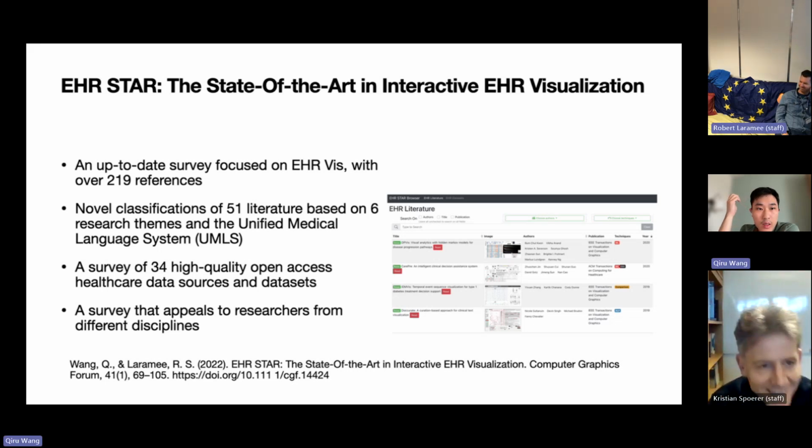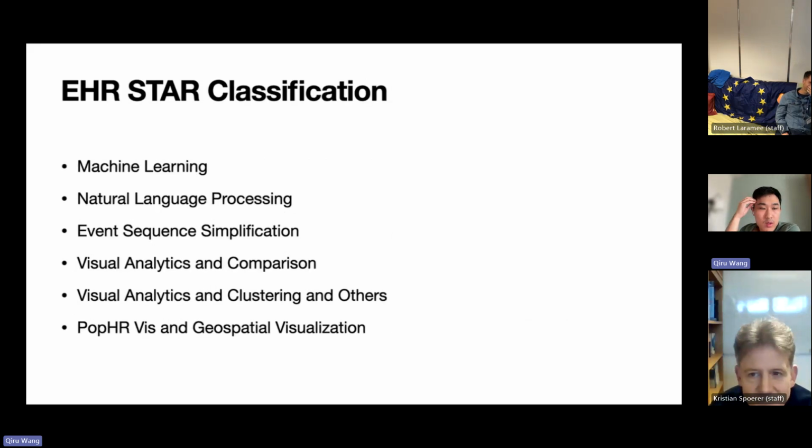And also, the reason why we have 6 major themes is because many of them have witnessed advancements during the past 8 years. For example, machine learning was already popular 8 years ago, but not many people applied that to EHR visualization or combined machine learning with EHR visualization.